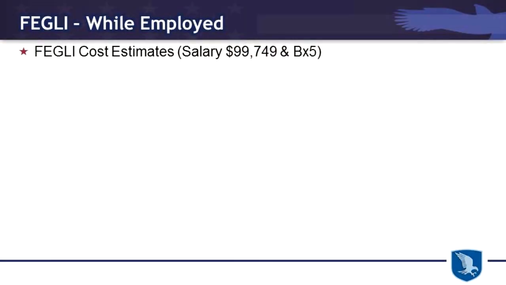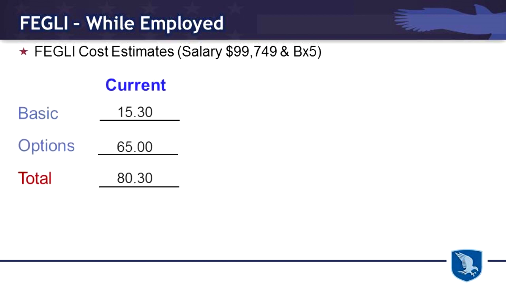Let's assume that you're somewhere between 50 and 54 years old. So again, basic's going to stay the same cost per pay period. Option B in that window of time, for the example that we have on the screen now, is $65 a pay period, meaning that the total cost of insurance in this example is $80 a pay period.